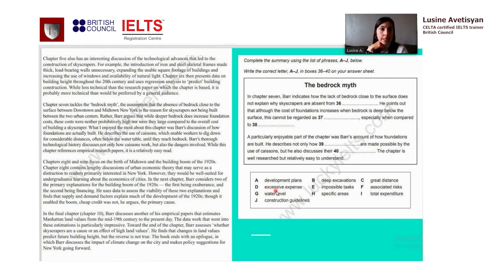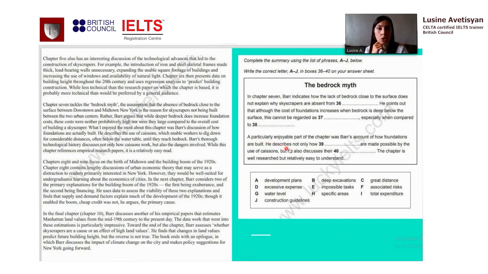Something we read about excessive expense and something to do with overall cost, which is overall is your total. So I'd write down here regarded as D, especially when compared to I. Okay, hopefully you're doing good so far, and let's move on to the next paragraph.